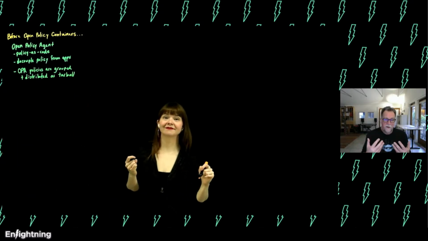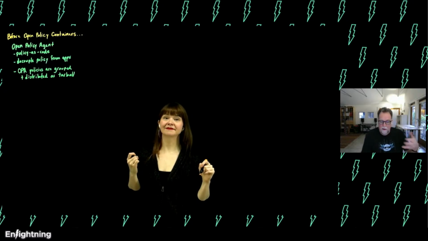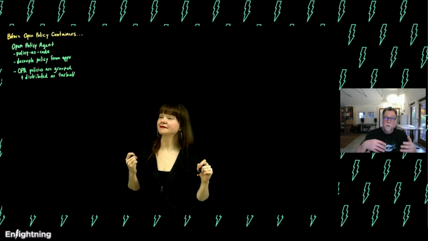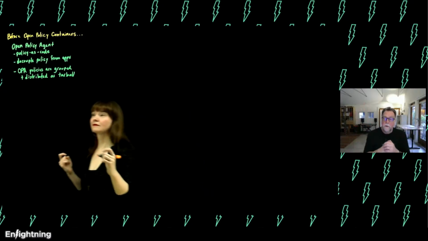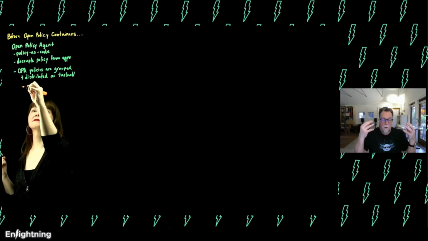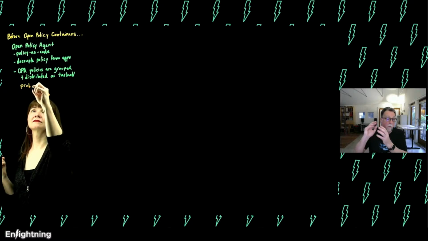No problems with it. But the challenge that we saw was, as I said, I have policy as code, so I want to do CI. I want to have my policy in a GitHub repo. I want to build it once. I want to distribute it. And then I want to consume it.